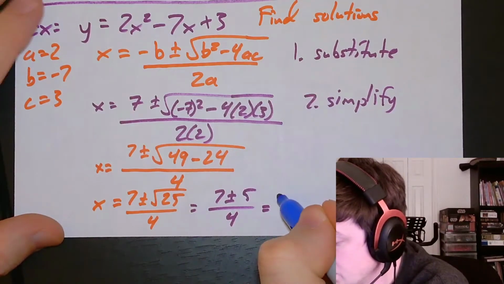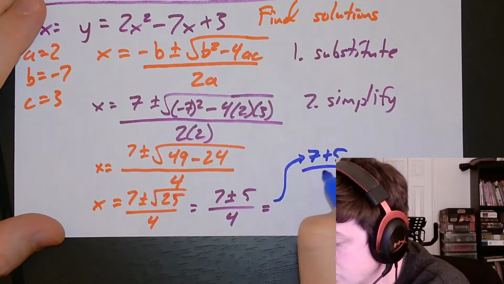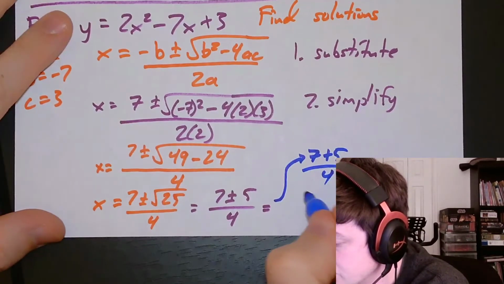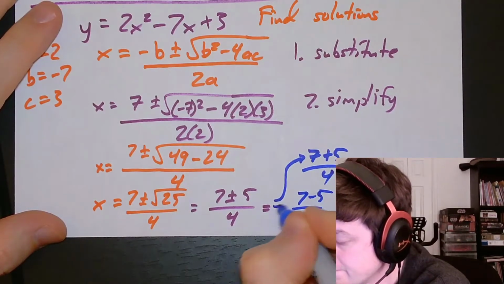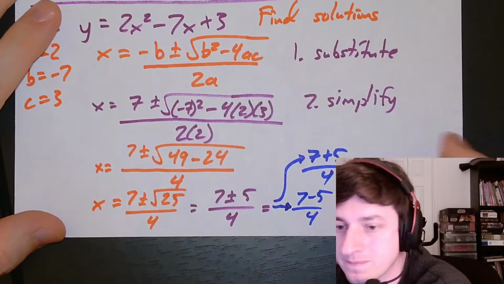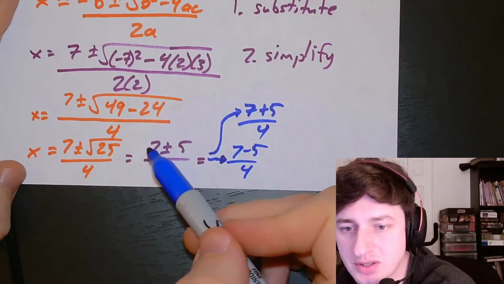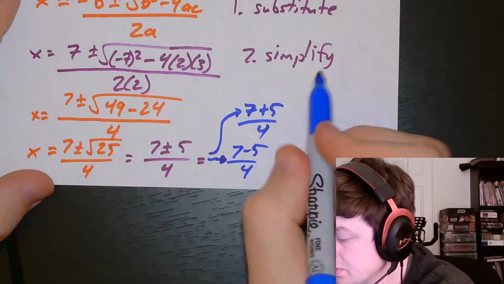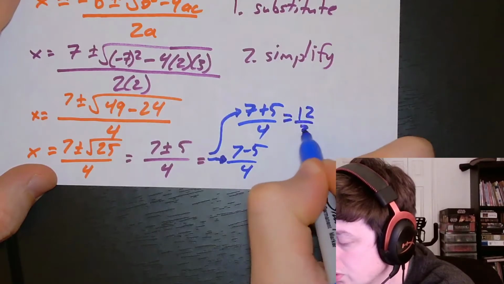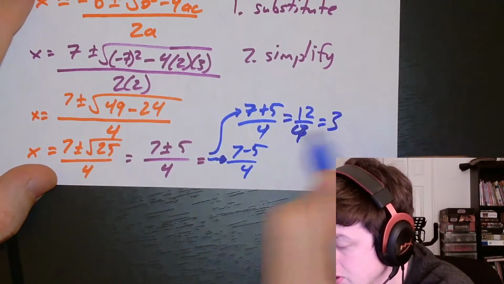And so we need to do 7 plus 5 over 4, and we need to do 7 minus 5 over 4. Right, so the plus of the plus or minus is one problem, and the minus of the plus or minus is another problem. And so we get 12 over 4, which equals 3.